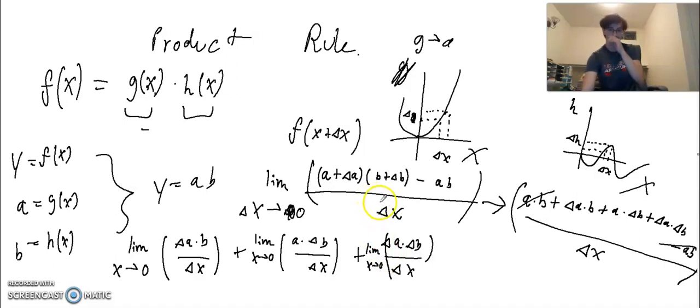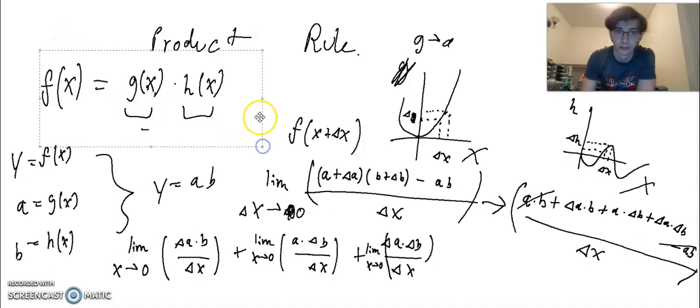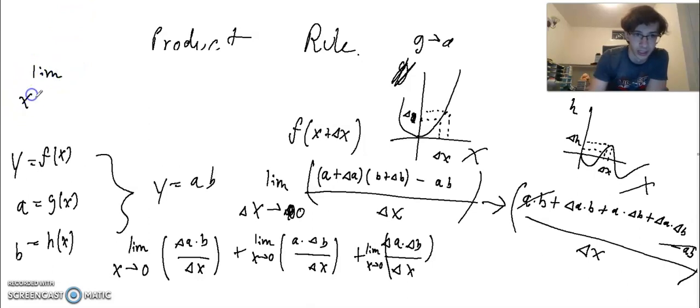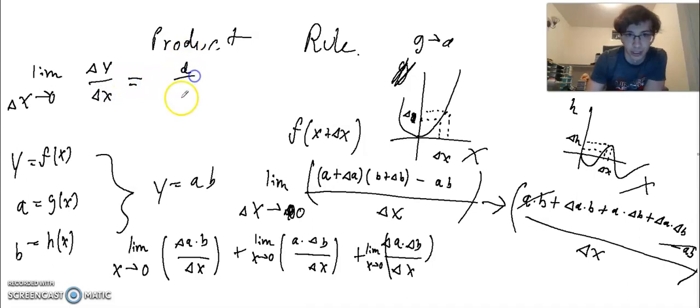Alright, so with our basic derivative rule, as delta x approaches 0, and we take the slope, which is delta y over delta x, then that just equals dy dx.